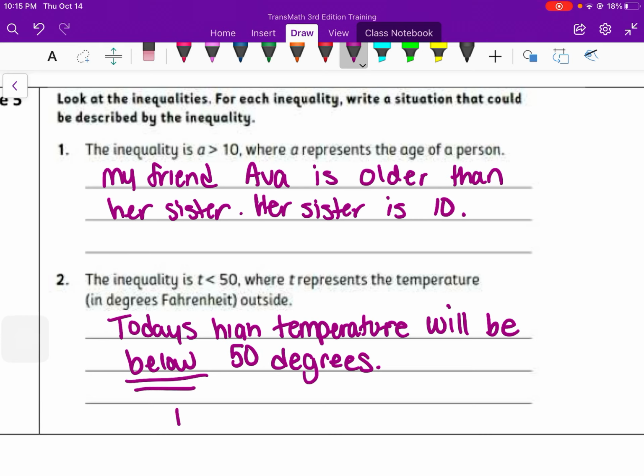So below is another word we can use to represent less than. So that would be a great way to write this inequality. So we're dealing with temperature, so we would write it as below. You could have said less than too.